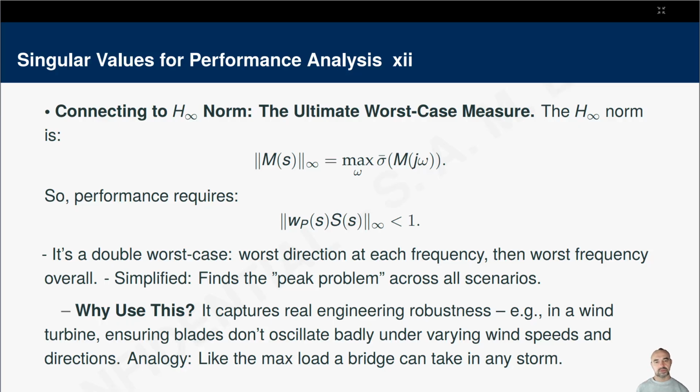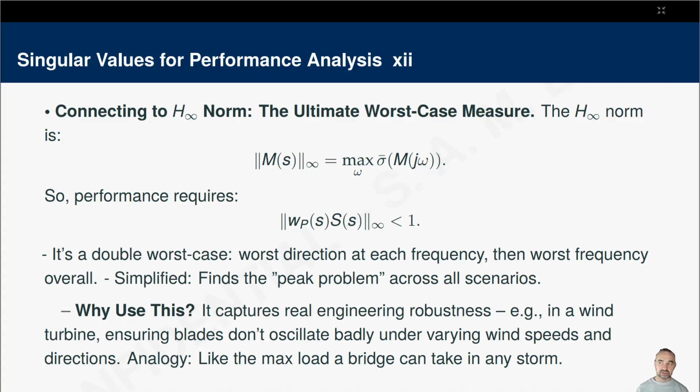Let me just briefly talk about this H infinity norm, the ultimate worst case measure. The H infinity norm is the maximum of sigma bar M(jω), and performance requires, we just had that, the norm infinity of W_P S less than 1. It's a double worst case scenario, worst direction at each frequency, then worst frequency overall.